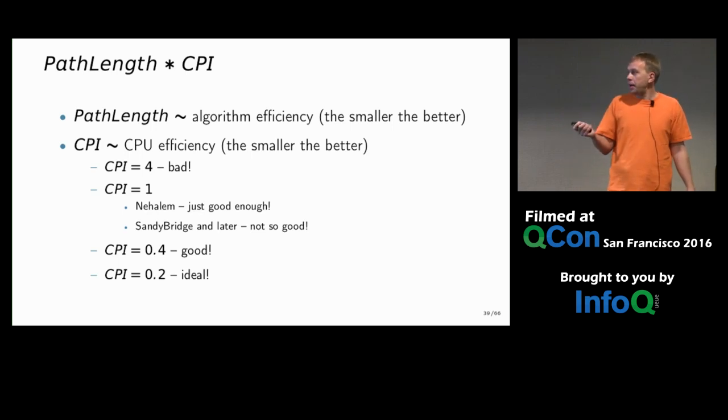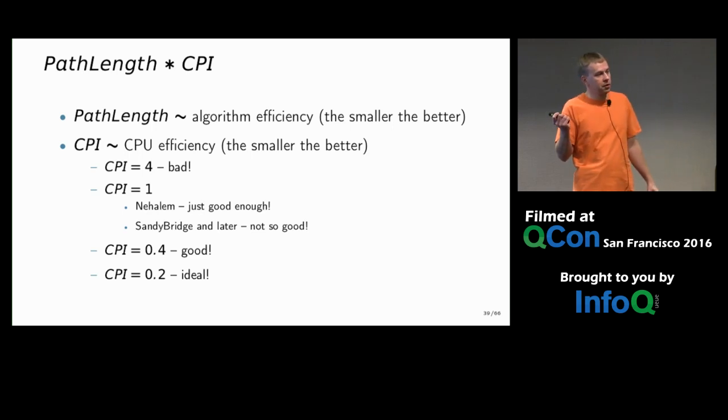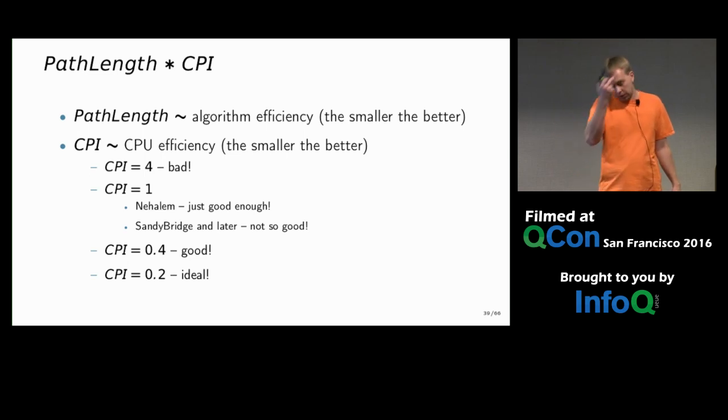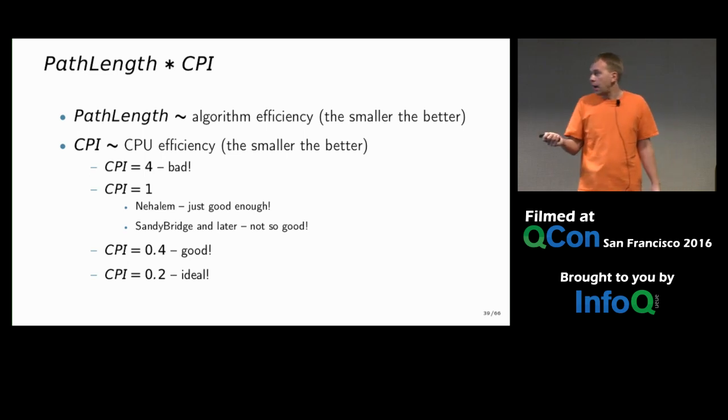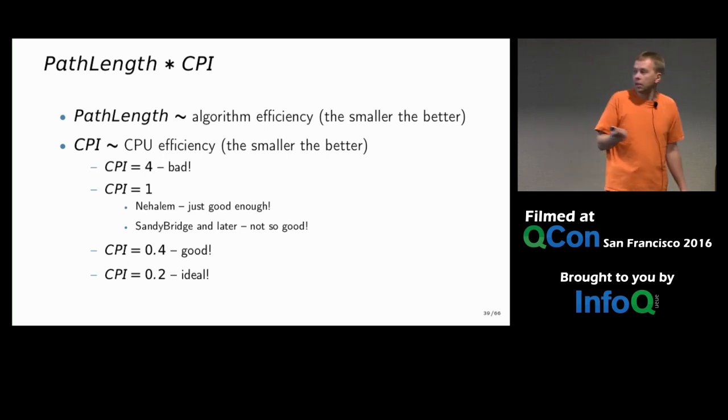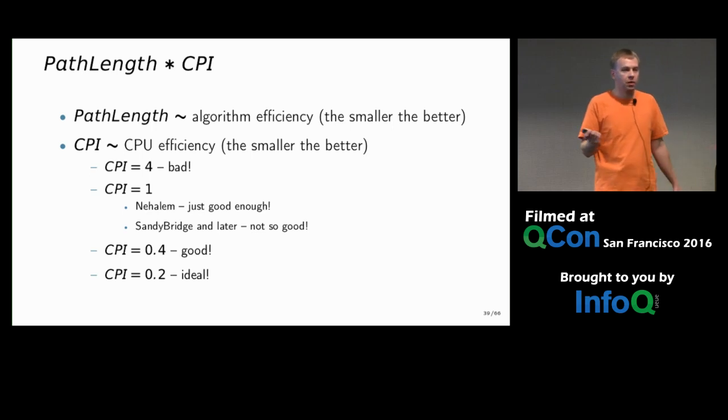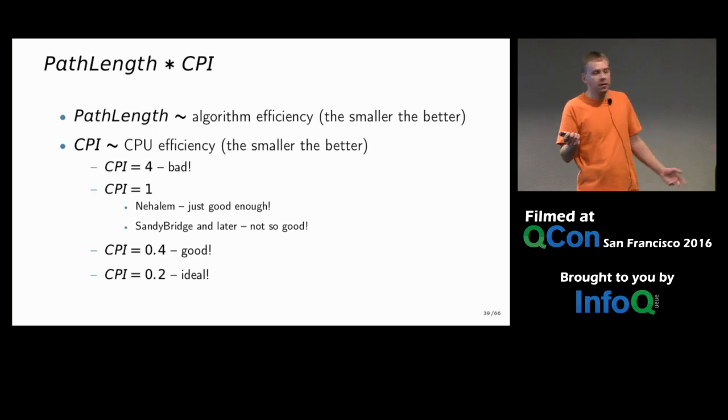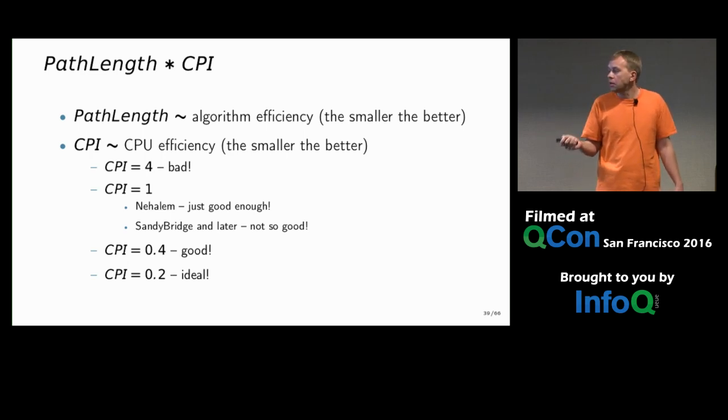And CPI is a metric which shows us CPU efficiency. And here are the typical values for modern architecture. If I see that CPI is 4, it's a problem. We have stalls and we should solve that. If I see that CPI is 0.4, I won't care about any kind of stalls.